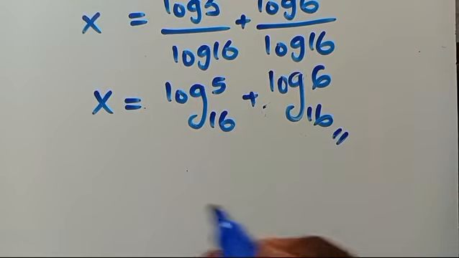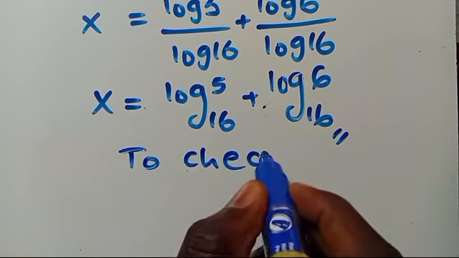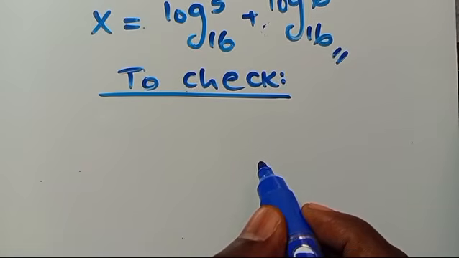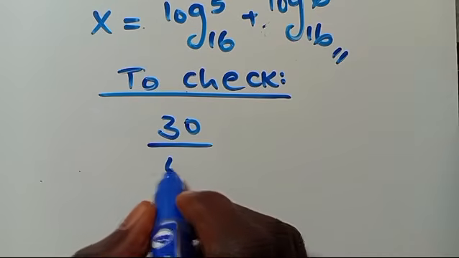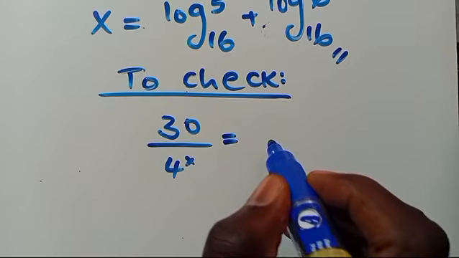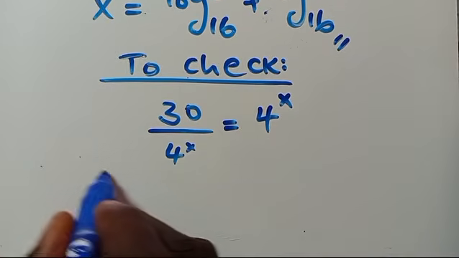Then to now check, we are given 30 over 4 to the power of x equals 4 to the power of x. We cross multiply.